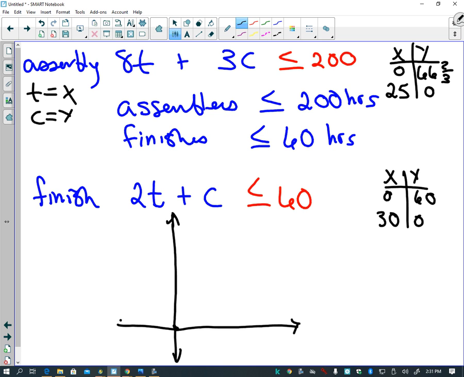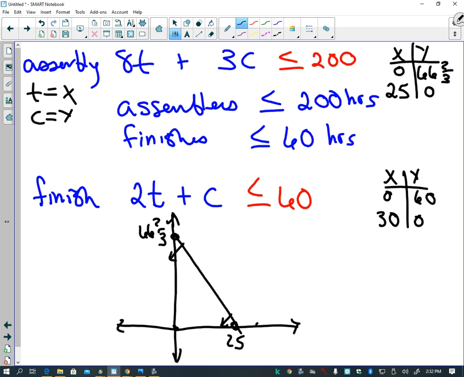So if we're talking about assembly, our intercepts are something like 66 2/3 and 25. And it's got to be less than or equal to that, so it's going to come back this way.